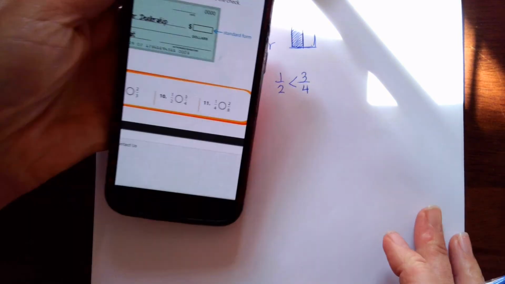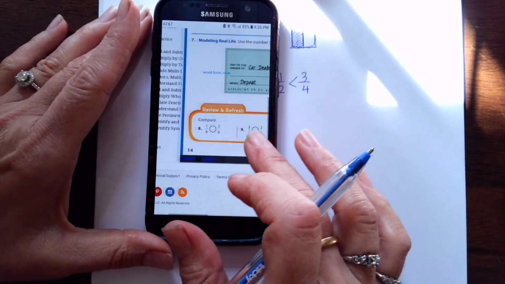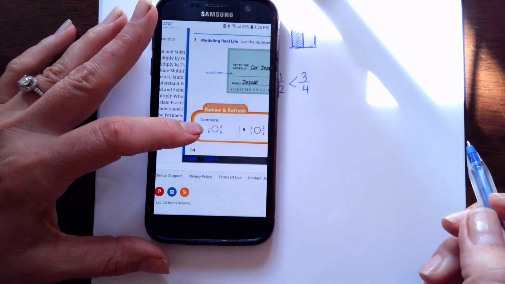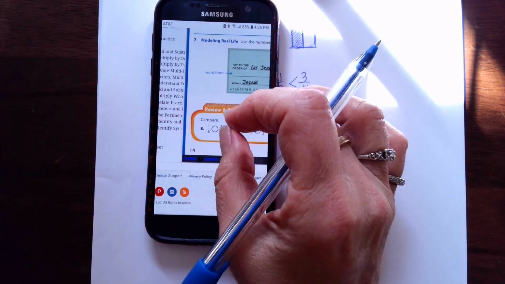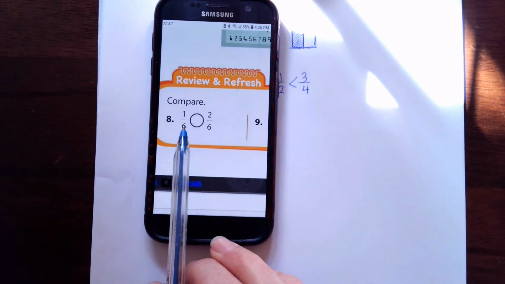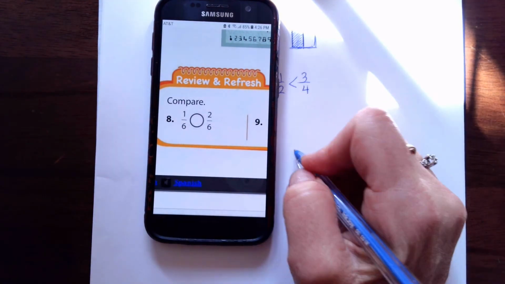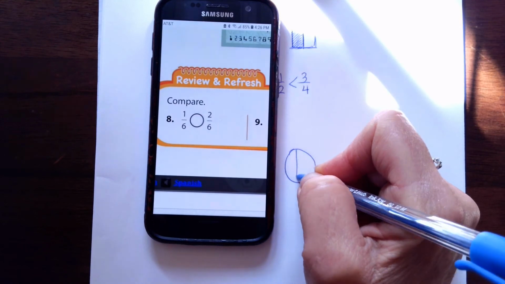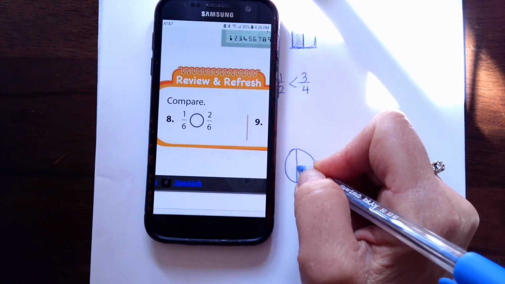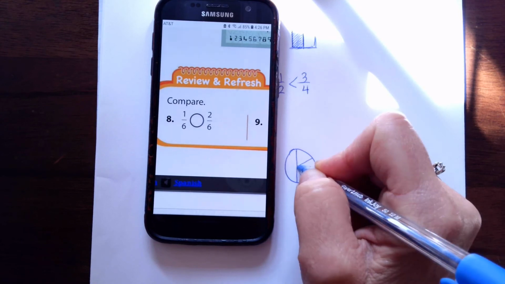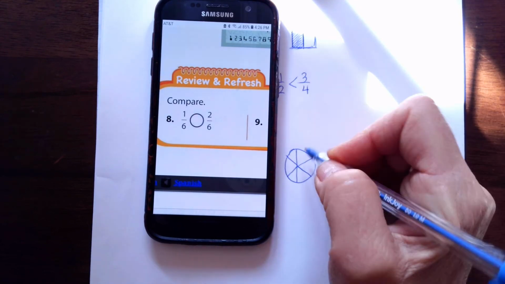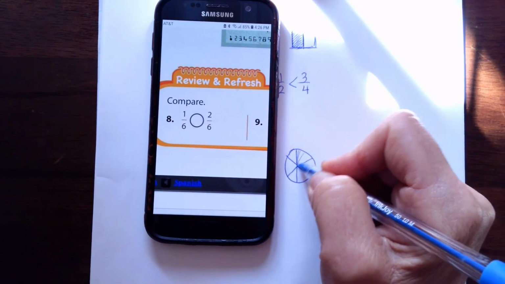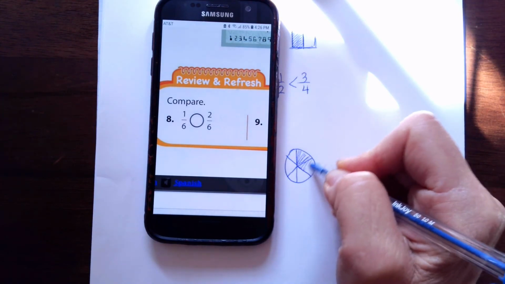So let's look at these other ones that we had. Is 1/6 or 2/6 bigger? Well, since it's already the same denominator, then we would say, oh, that's pretty easy. If I had a circle and it was divided into 6's, would 1 piece be bigger or 2 pieces be bigger?